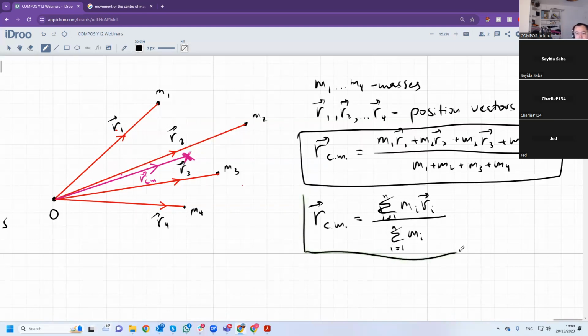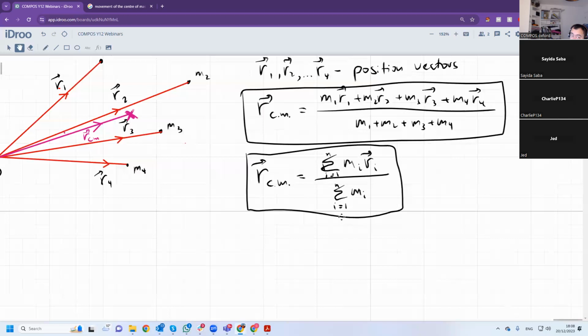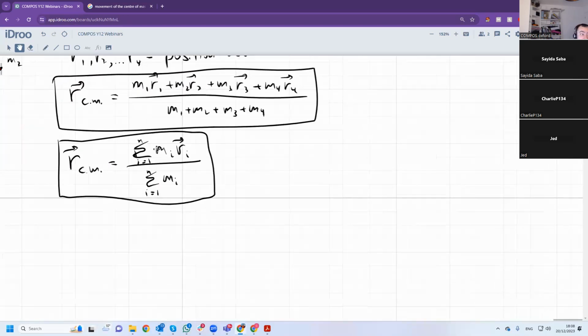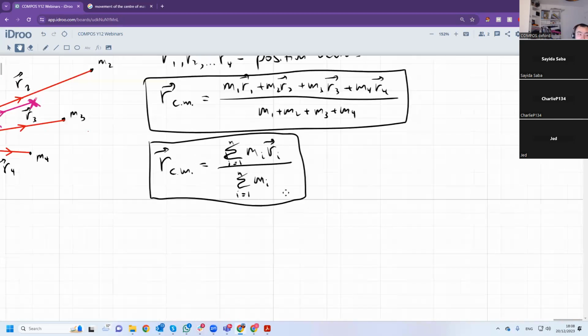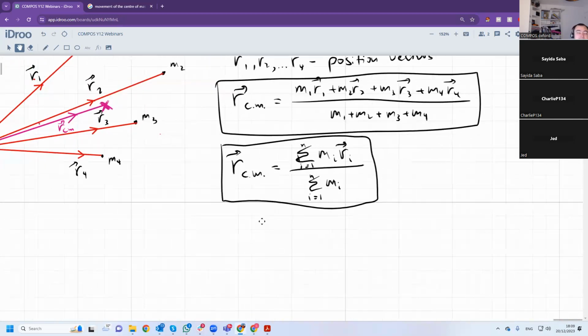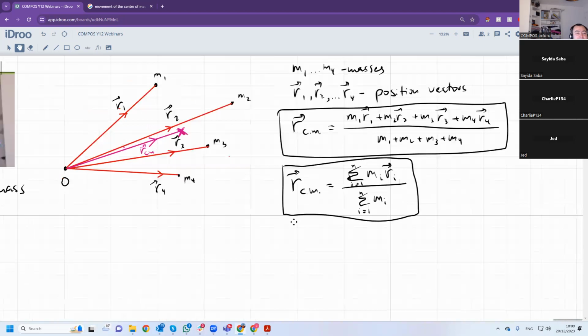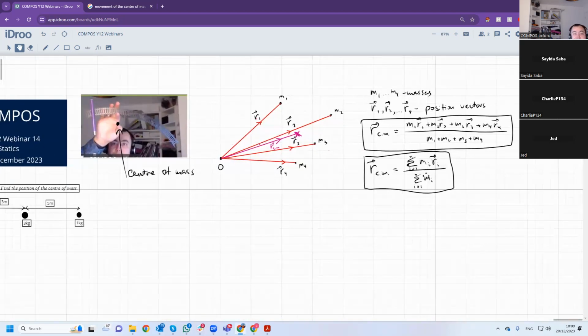It's a brief version of the same thing. Don't worry about that. So this is the definition of the center of mass.